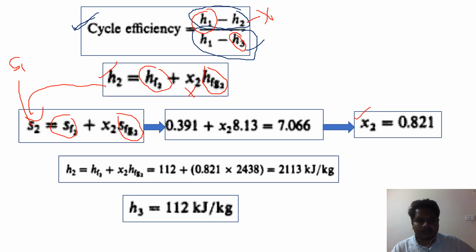Now H2 equals HF2 plus X2 into HFG2. In this equation, we know all the values. From this equation, we can find the H2 value, 2113 kilojoule per kg. And H3 value we can find from the steam table by doing interpolation.